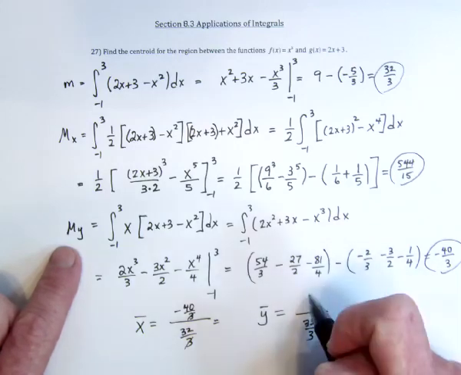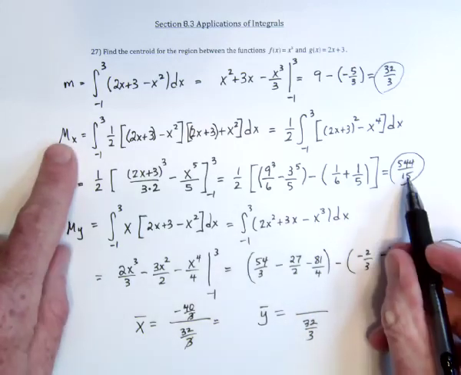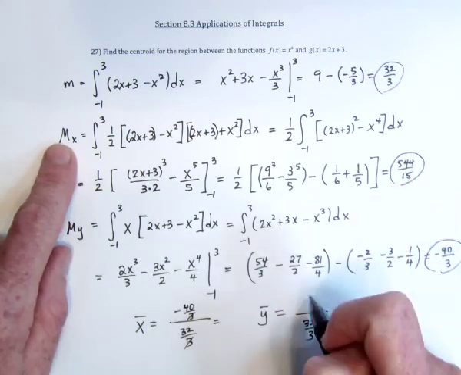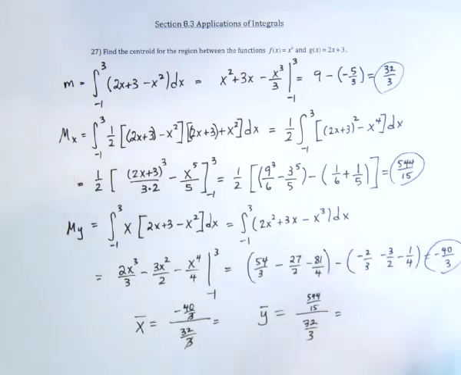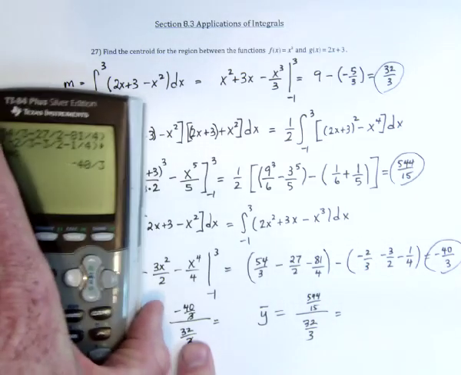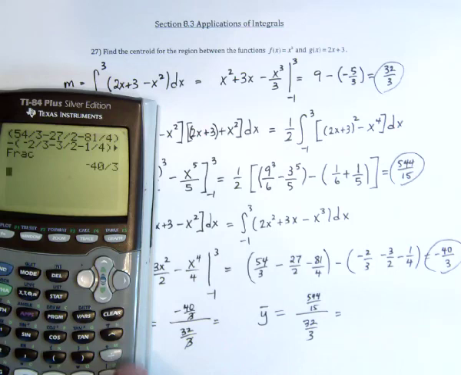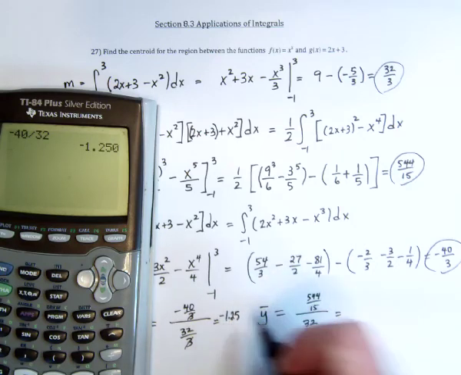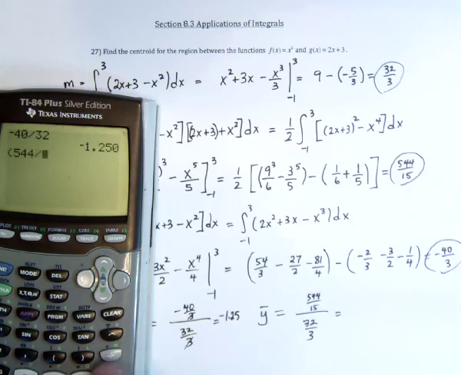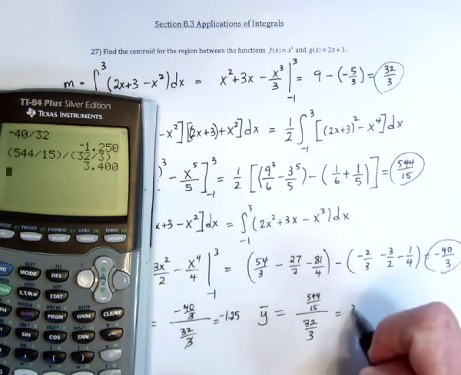And y bar comes from the moment about the x-axis, so 544 over 15. So x bar is negative 40 divided by 32, which is negative 1.25, and then y bar is 544 divided by 15, divided by 32 divided by 3, which is 3.4.